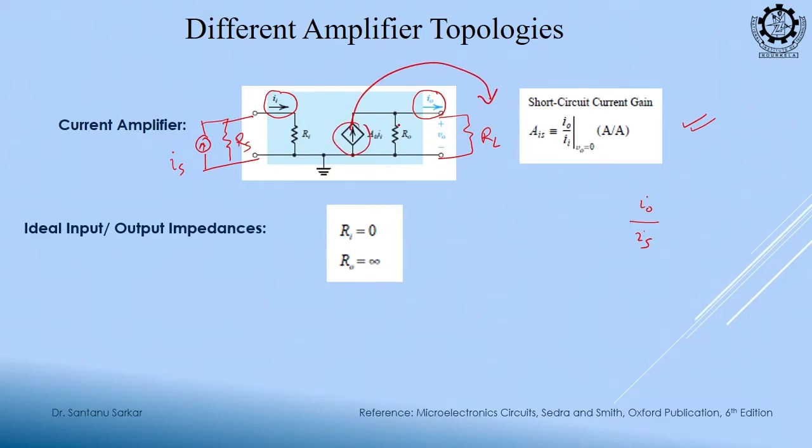So, if this is high, no current will flow through this, all current will flow through the load irrespective of the load resistance. So, it is just opposite to the voltage amplifier. Always remember that current amplifier and voltage amplifier are like conjugates, right. The input impedance and output impedance requirements are just opposite.